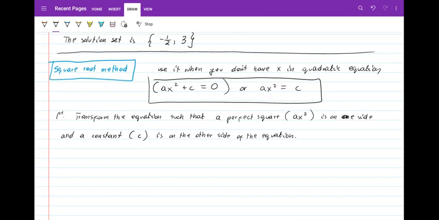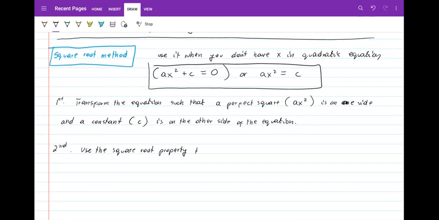That's step one. Second, use the square root property to find a square root of each side. So this is what we're going to do. Let's say square root of 4.